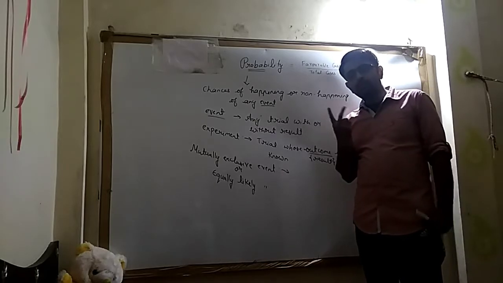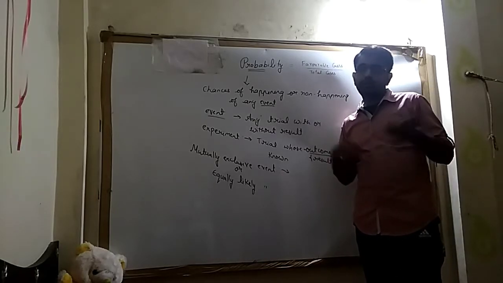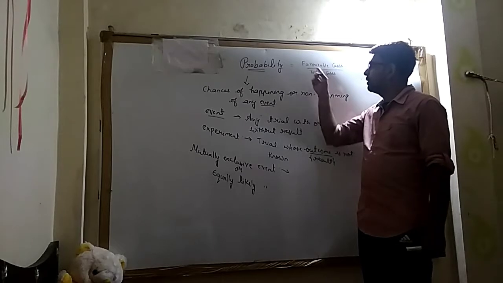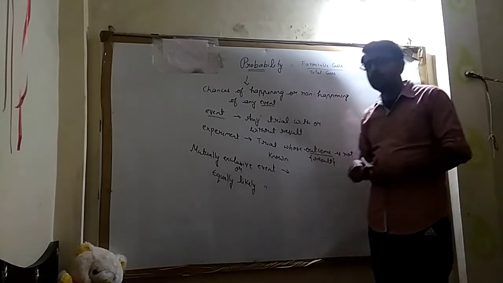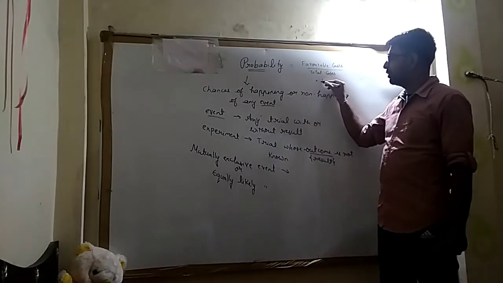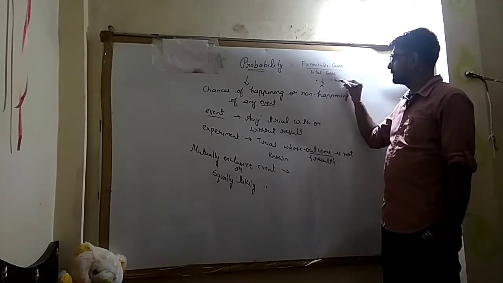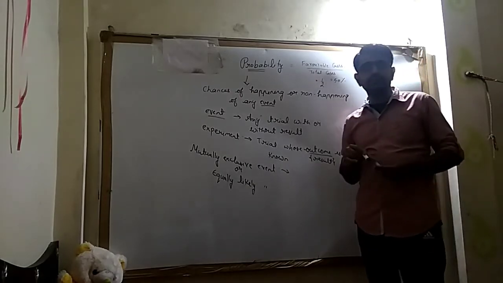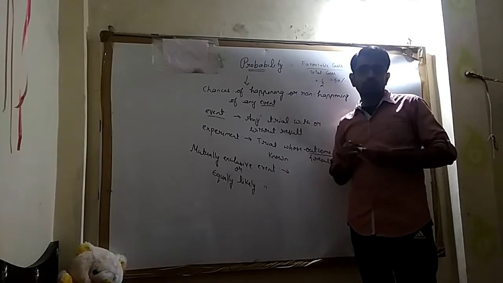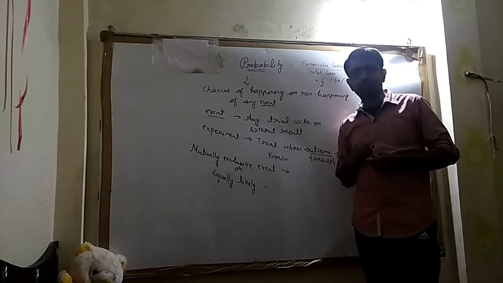Either it will fall or it will not fall, so total cases are 2. Favorable is 1, it will fall. So the probability of the fan of your room falling is 1/2. That means 50%. Is it true? Then it is very risky to sleep.